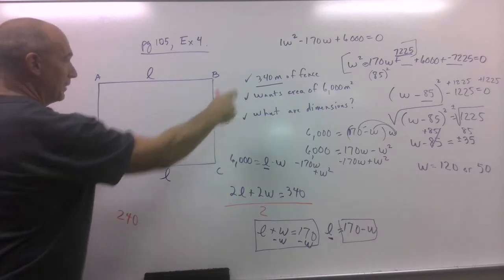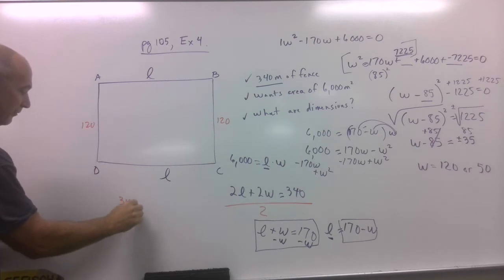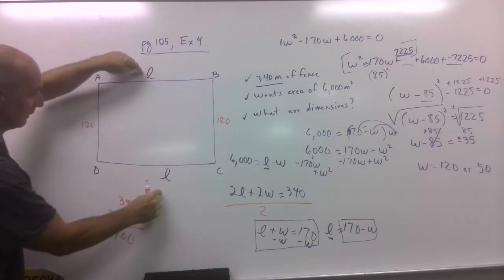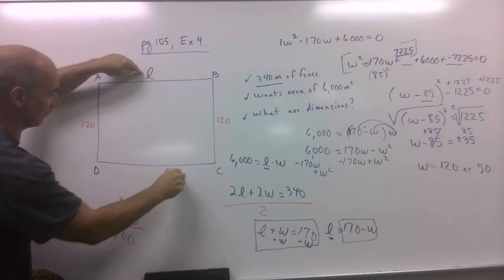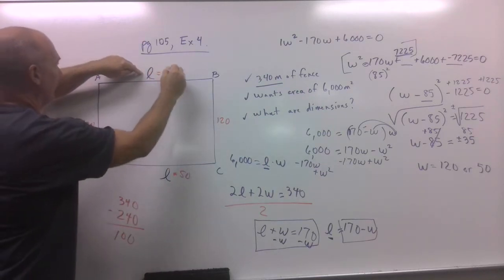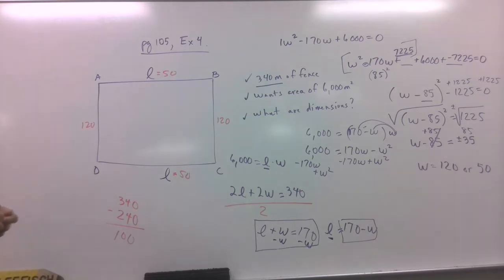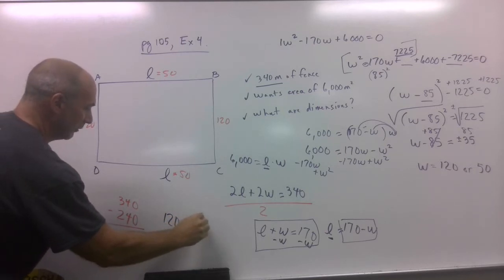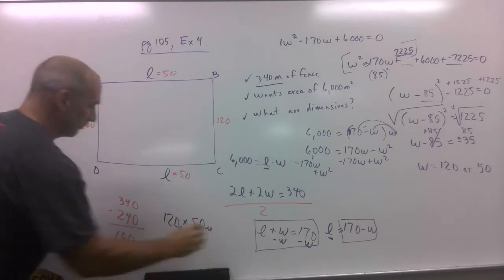That means if I have 340 total meters of fence, I've only got 100 meters left to share between these two sides. So this is 50 and this is 50. Now, let's change gears. So one of my answers would be 120 by 50, and those are meters.